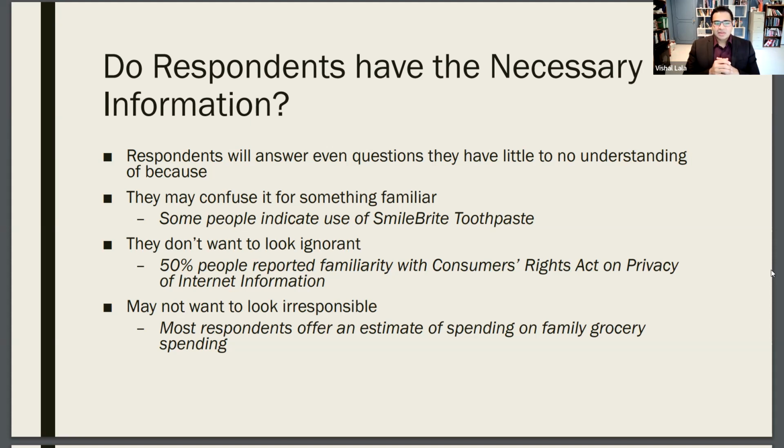And then there are situations where people may feel like if they don't respond to the question, they may look irresponsible. Take, for instance, a question asking respondents to offer an estimate of family grocery spending. Now, the respondent might feel like if they don't know how much they spend on their groceries, they look fiscally irresponsible, and therefore it might be a face-saving response that they might want to give.